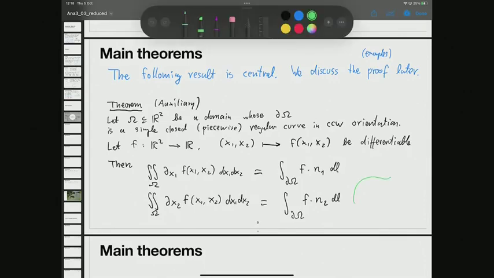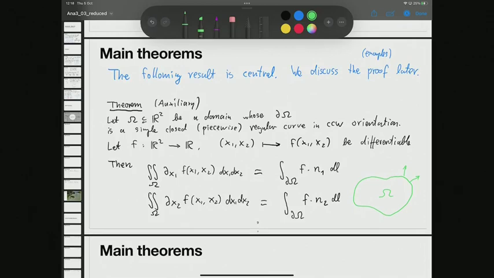So I've got some domain omega, and I want to know the integral of the x1 derivative, and I can express it as the integral of f against the first component of the outer unit normal.